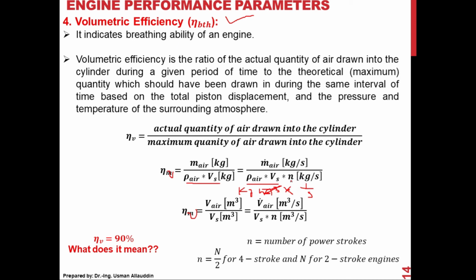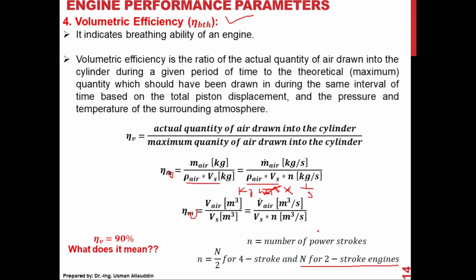So you can multiply with n, and what is n? n is the number of power strokes, which will be equal to N upon 2, where N is the revolution per minute. By dividing by 60, you get the RPS, revolution per second, 1 upon second. So if it is a 4-stroke engine, the number of power strokes will be half of the RPM, N upon 2, and for a 2-stroke engine, n will be equal to capital N. So n is the number of power strokes.